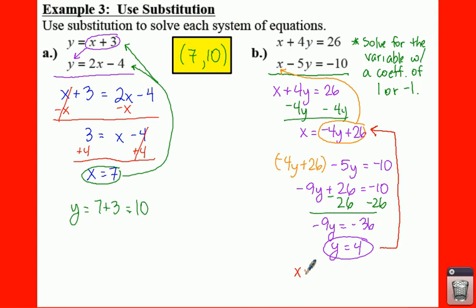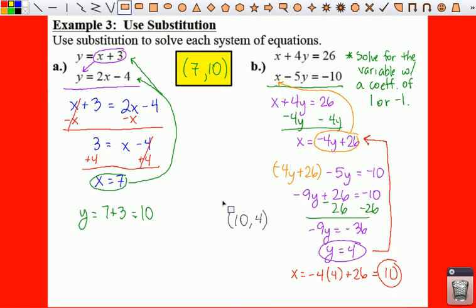So x equals negative 4 times 4 plus 26, which gives us negative 16 plus 26, which gives us 10. So here's your x, here's your y. Your final solution ends up being 10, comma 4. And there you get your solution to a little bit more difficult substitution problem.